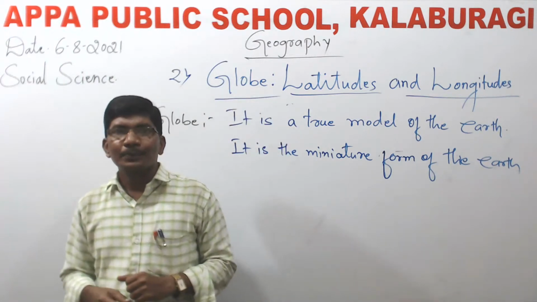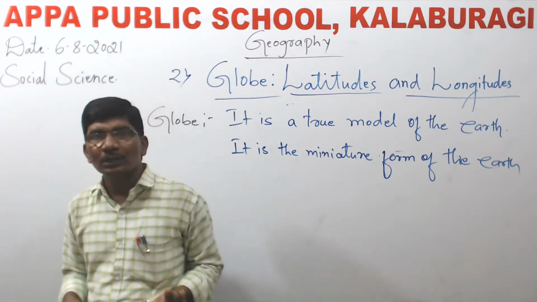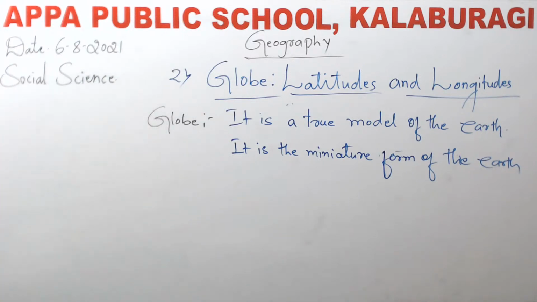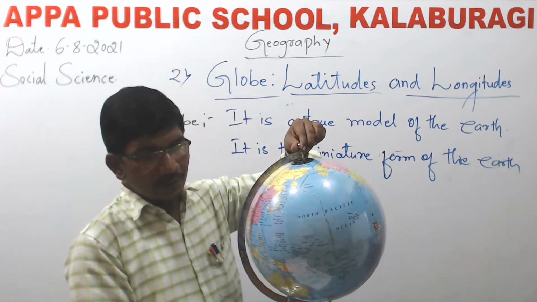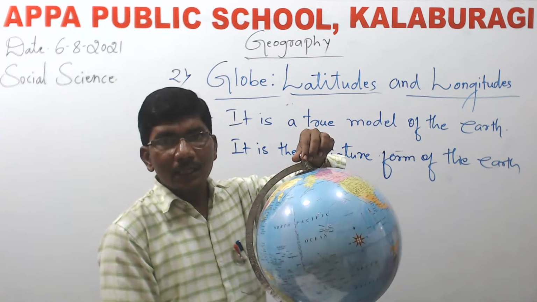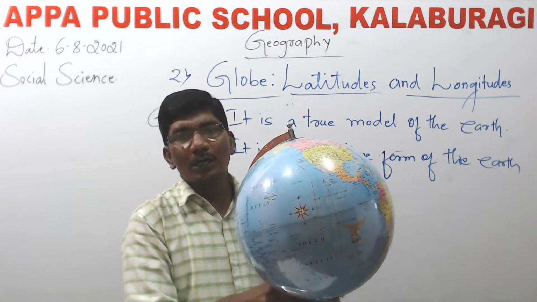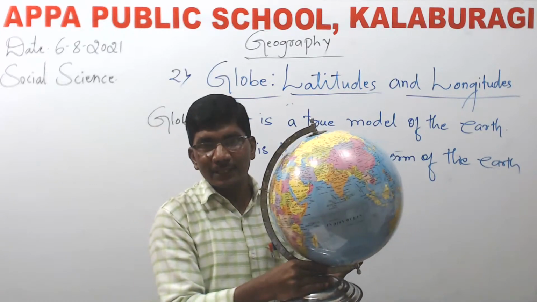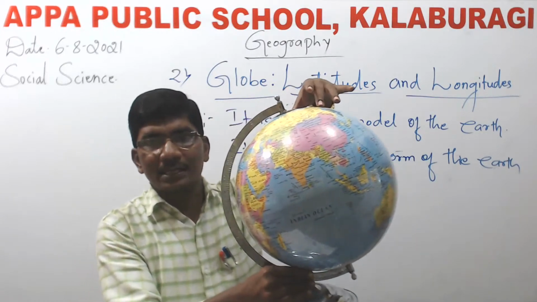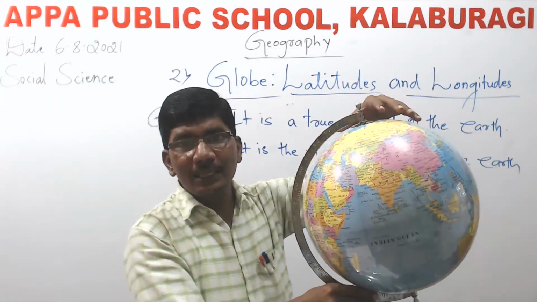No problem. In today's lesson, I am going to show you the globe. My dear students, this is called a globe. This is the true model of the earth, or you can say it is a miniature form of the earth.